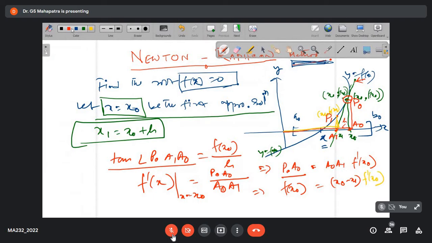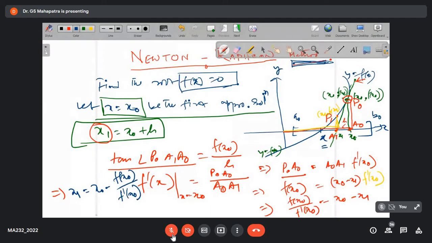Correct. So ultimately we can write what is the x1. Our target is to find x1, new solution, improved solution. So what is that one? Now f of x0 divided by f dash x0 equals to x0 minus x1. That implies x1 equals to x0 minus f of x0 divided by f dash x0.